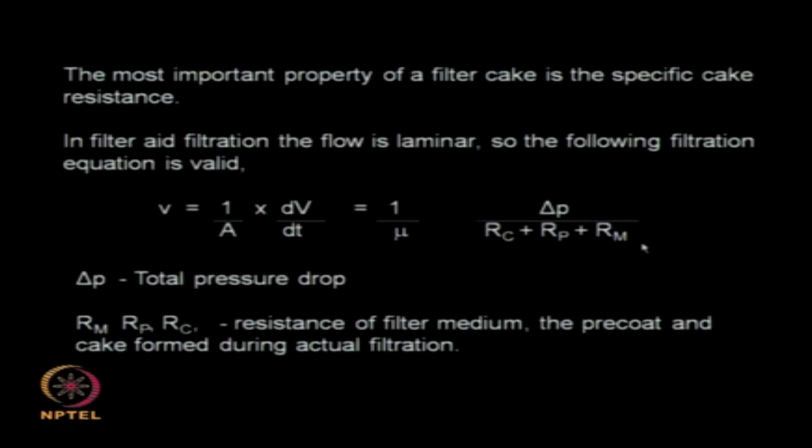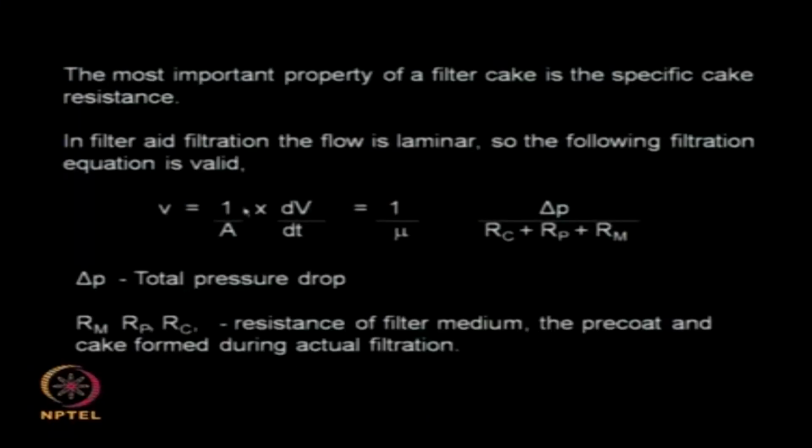So there is resistance offered by the cake, number 1. There is a resistance offered by your pre-coat or the filter aid, and the resistance offered by the medium, that means filter cloth or stainless steel filter or ceramic filter. So all these 3 may be offering resistance at various degrees, so you need to keep that in mind. So cake may be offering the maximum resistance, and then you may have the filter medium offering resistance, and finally the pre-coat may be offering resistance.